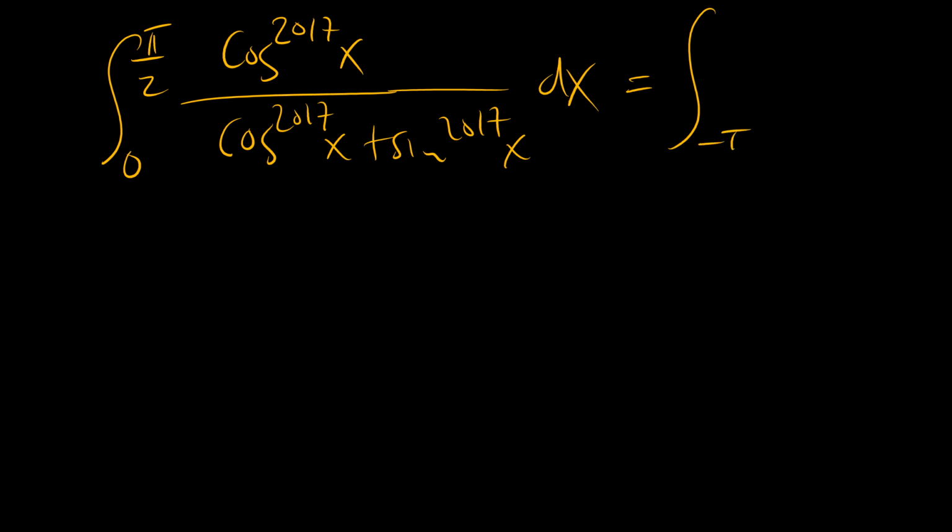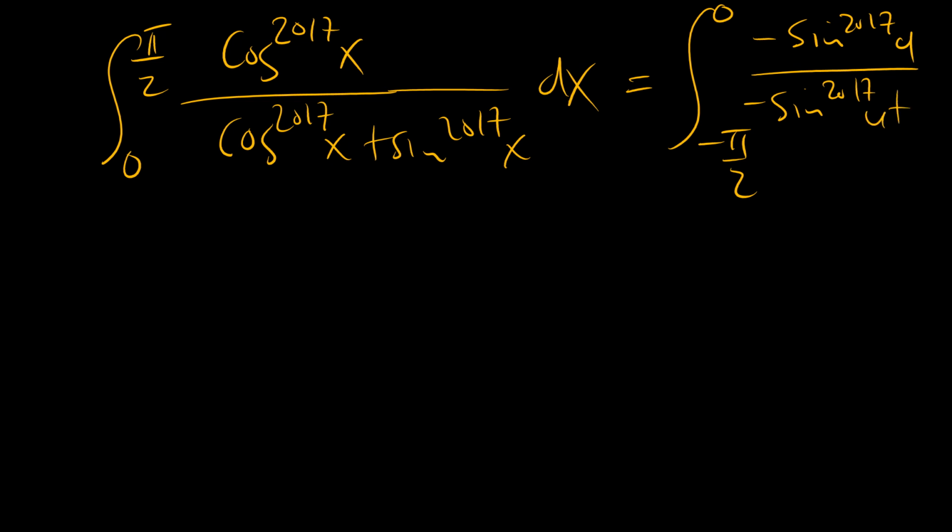So this becomes negative pi over 2 to 0 of cosine becoming negative sine to the power 2017 u.